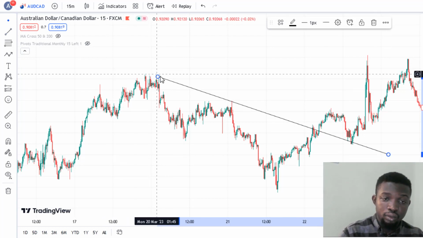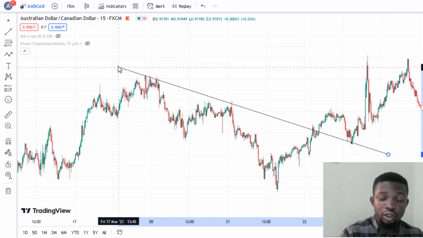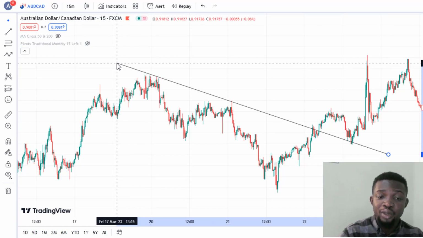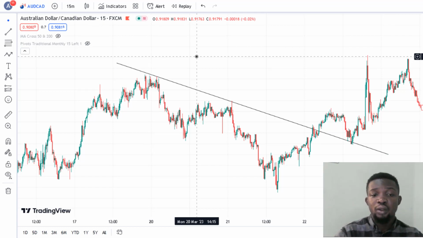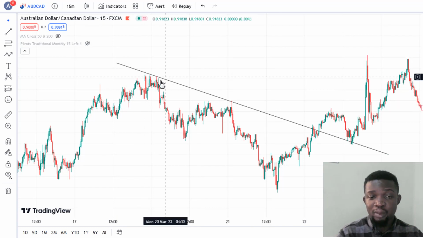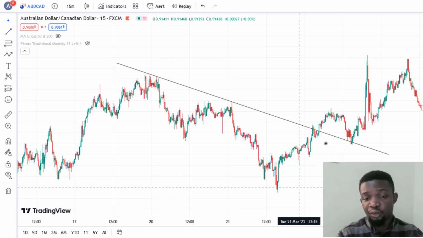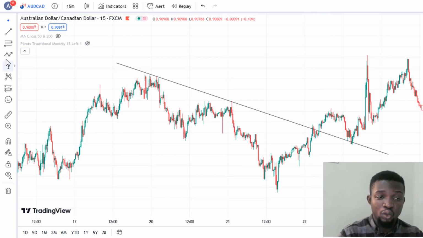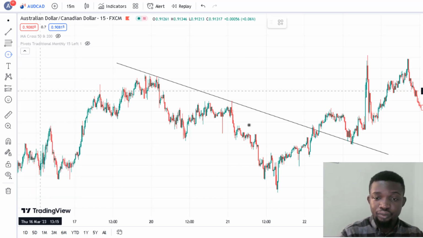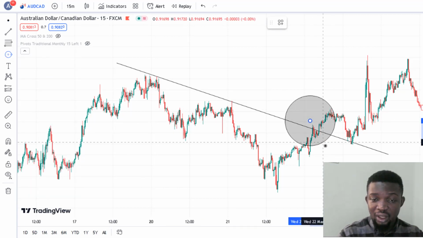Good. Now I told you to draw a successful downtrend market and uptrend market. For any trend, you must have at least 2 points joining. So this is my first touch, this is my second touch, and you can see there was a breakout here. We had the breakout around here.